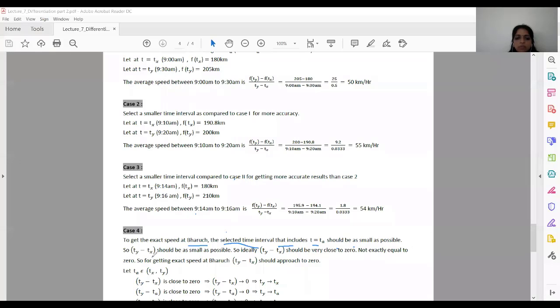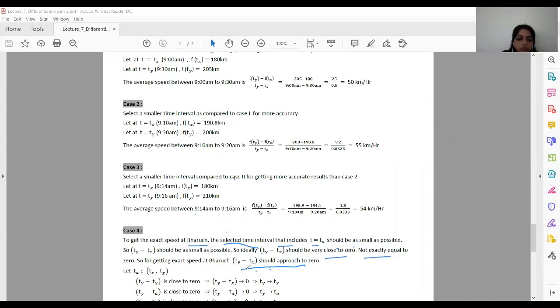So Ty minus Tx should be as small as possible. Ideally Ty minus Tx should be very close to 0, not exactly equal to 0. So for getting the exact speed at Bharuch, Ty minus Tx should approach 0.